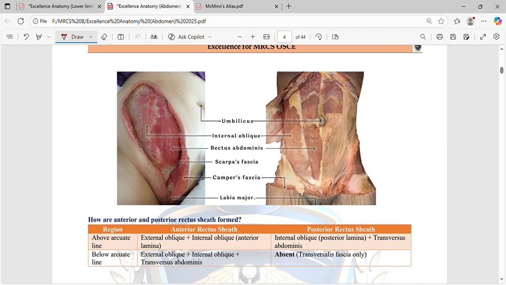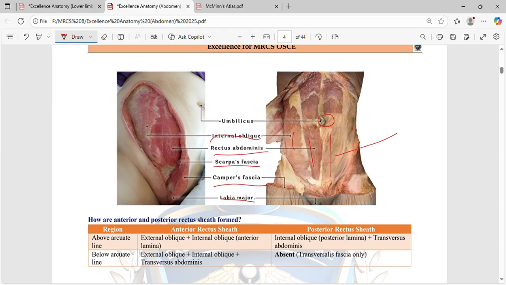So here is another diagram from the atlas. Here we have the internal oblique, and we have the umbilicus, and the rectus abdominis in the center on both sides, and we have the Scarpa fascia and Camper fascia here, the labia majora, and here the external oblique.